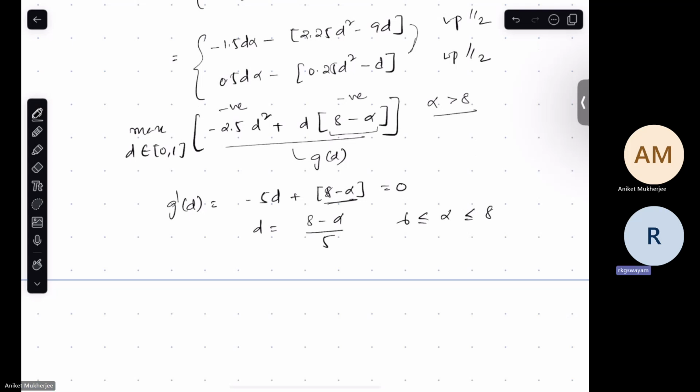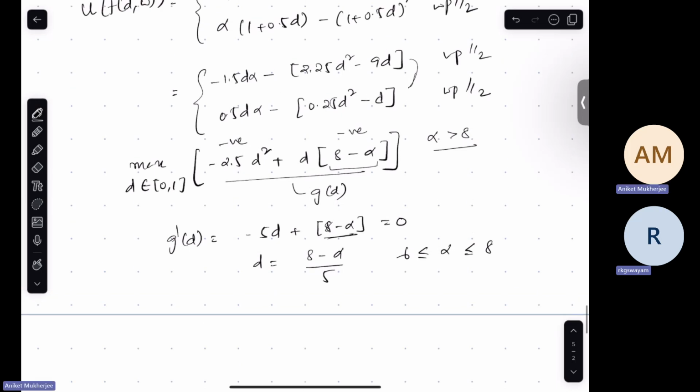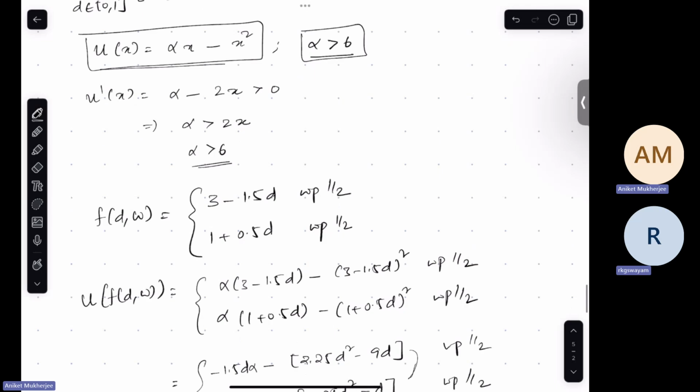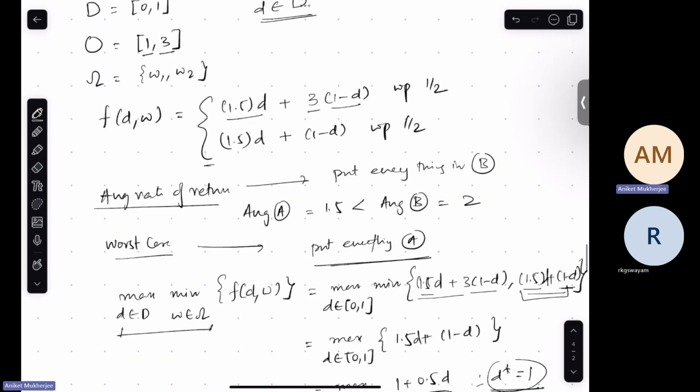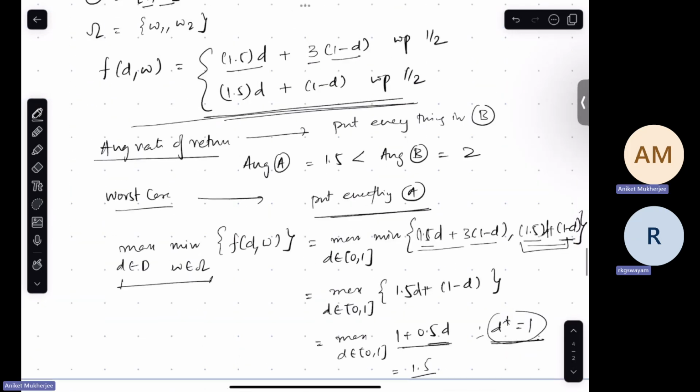So how did you reach this expression: minus 2.5D square plus D times (8 minus alpha)? You understood this expression, right? From here, I can write this as 1.5D minus 3D, so that would give you minus 1.5D, plus 3.